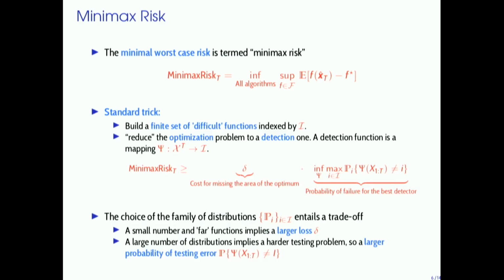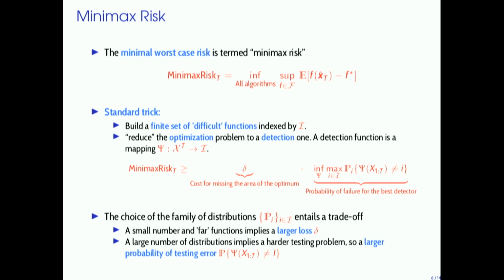This is useful because we get a lower bound on the minimax risk in terms of this detection problem, which is the product of delta, the cost that we incur if we miss the detection, times the minimax risk of the detection. So if we want an optimal lower bound, we need to maximize this product.